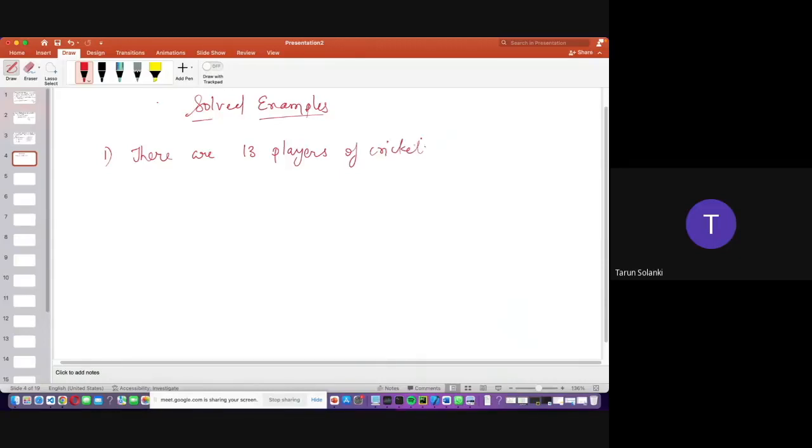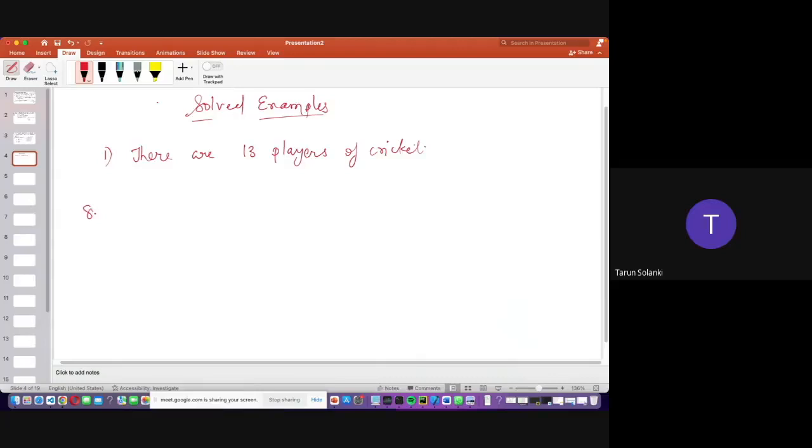Okay, let me speak the question and we'll solve it here. There are 13 players of cricket, out of which four are bowlers, meaning the remaining nine are batsmen. In how many ways can a team of 11 be selected from them so as to include at least two bowlers? Okay, we need to include at least two bowlers out of four.